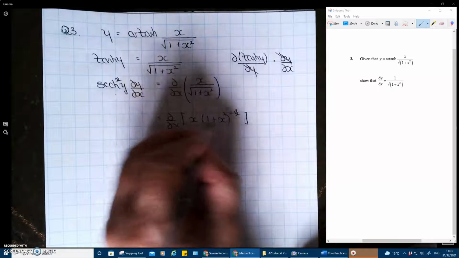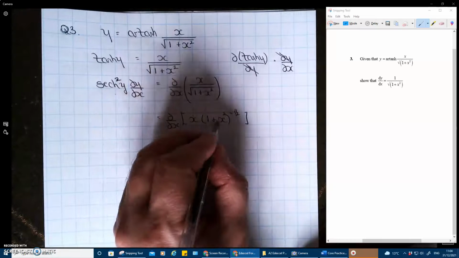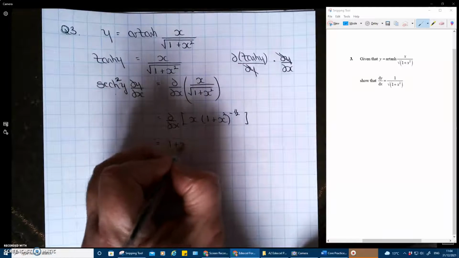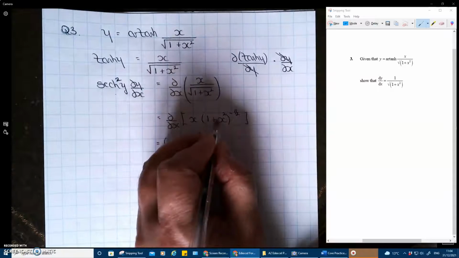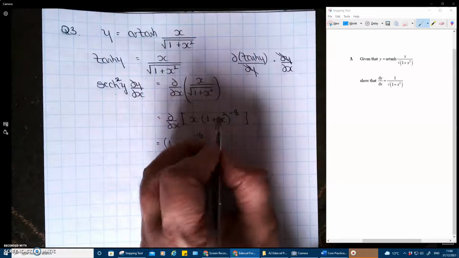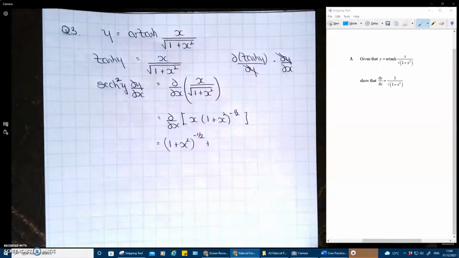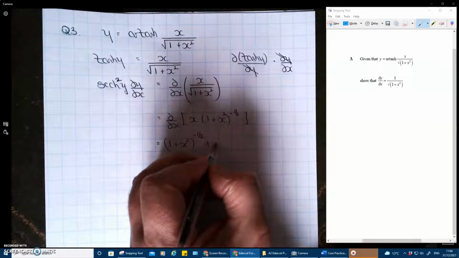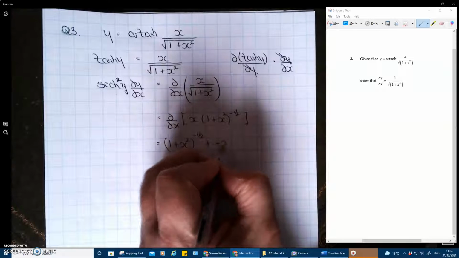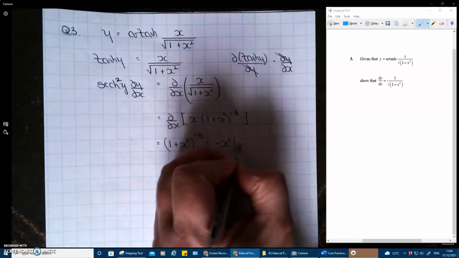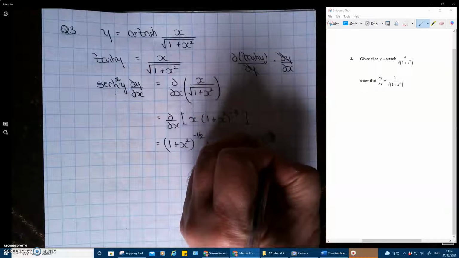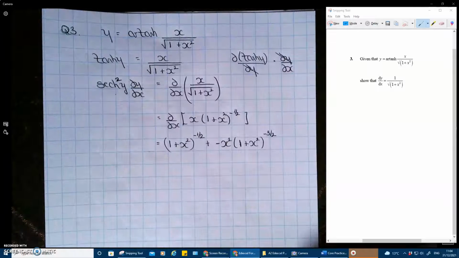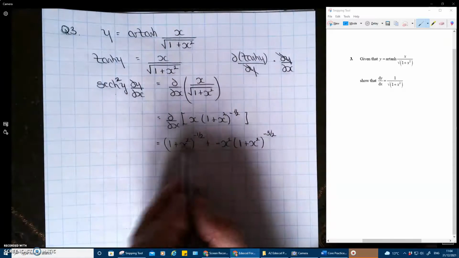So uv, and I'll carry on, so differential of that times that, so it's 1 plus x squared to the minus a half, plus that times the differential of that. So the minus a half comes to the front, and the 2x comes to the front. So I get minus x squared, and then I reduce the power by 1. Okay, and the general technique then would be to take the lowest power out as a common bracket.